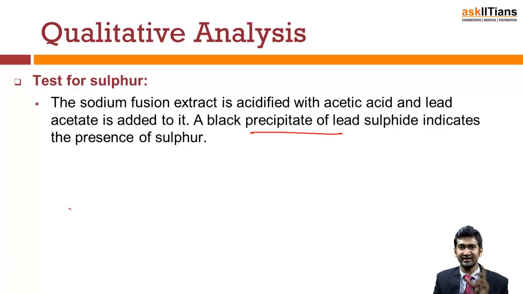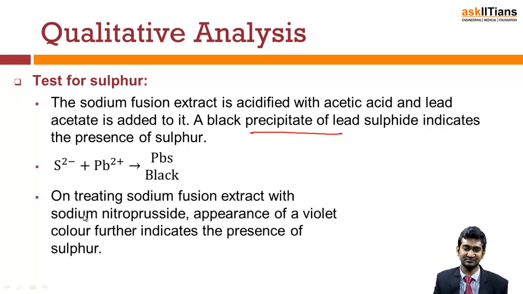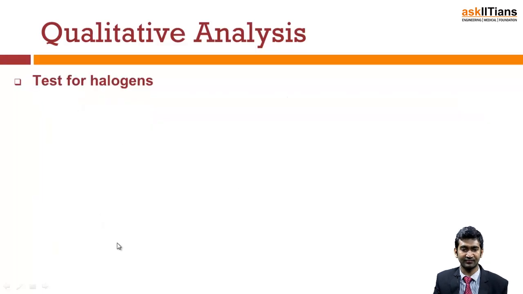So in Lassaigne's test, I always have a sodium fusion extract. PbS is formed, that's why it is black in color. Also, if you treat it with sodium nitroprusside, you will get a violet color. That also tells me that sulfur is present.